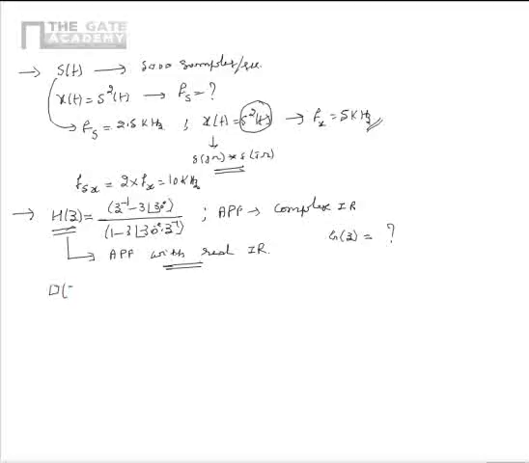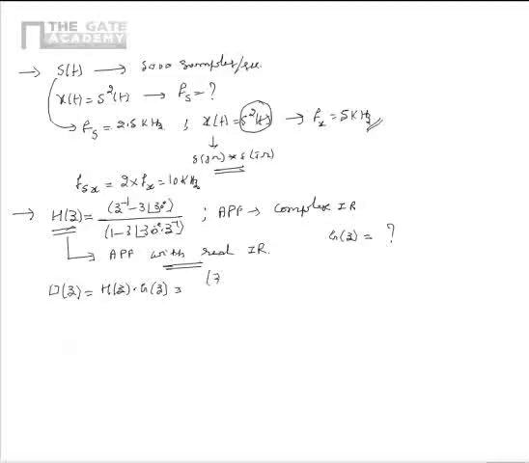We know that for real impulse response, the overall system function, that is H(z) multiplied by G(z), should have the zeros as complex conjugates and poles as complex conjugates.